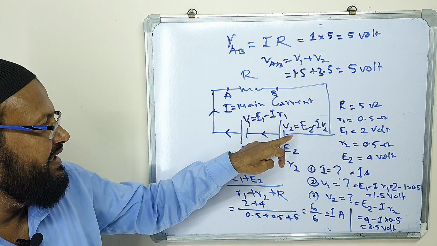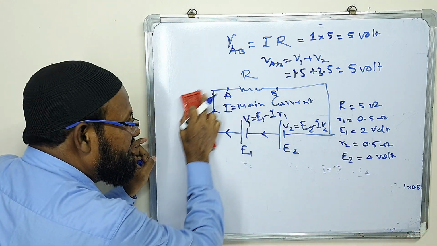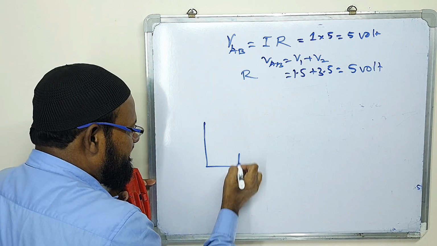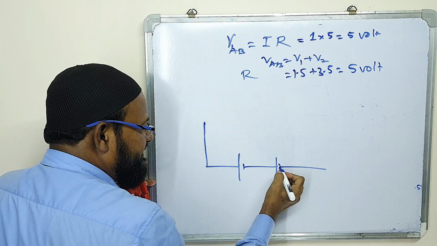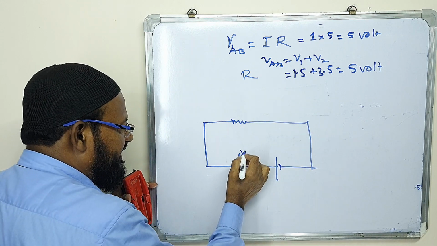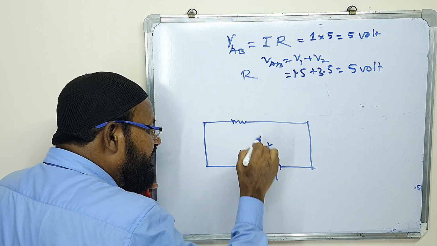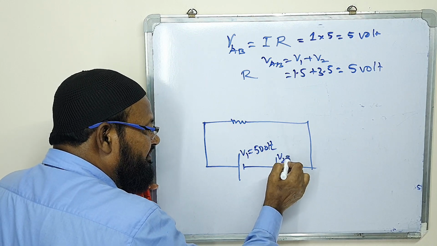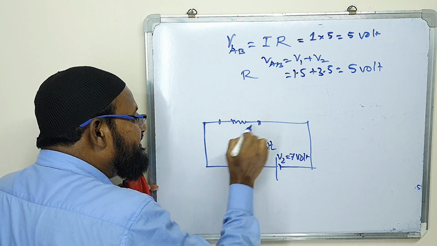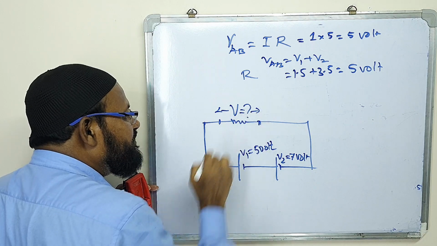difference. Be careful. In some questions, directly, suppose I am writing this. Please see here. In this case, other things are not given. Only this part is given. Here V1 is equal to, suppose 5 volt, and here V2 is equal to, sir, 7 volt, and the question is, sir, this potential difference.